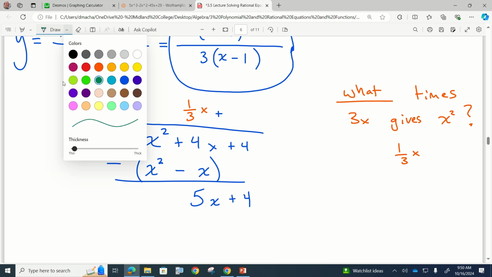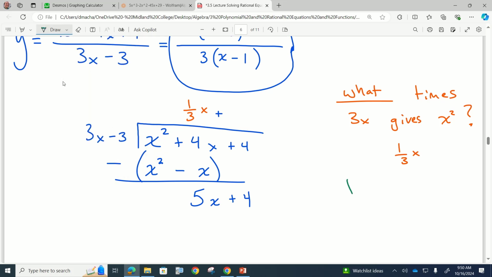I'll write it over here in green. We're saying something times 3x gives me 5x. And so to solve this equation, I could divide both sides by 3x. 5x over 3x. And so that something times 3x should be 5/3.